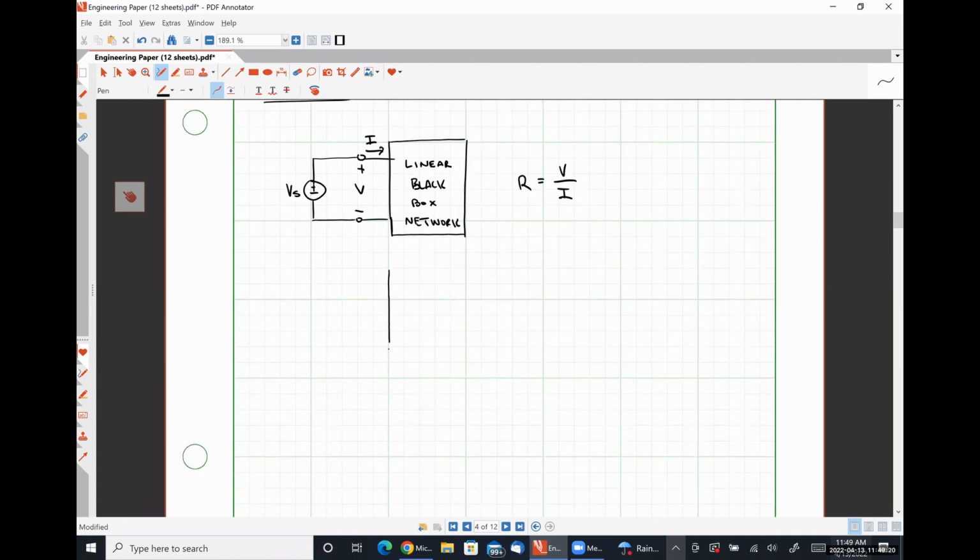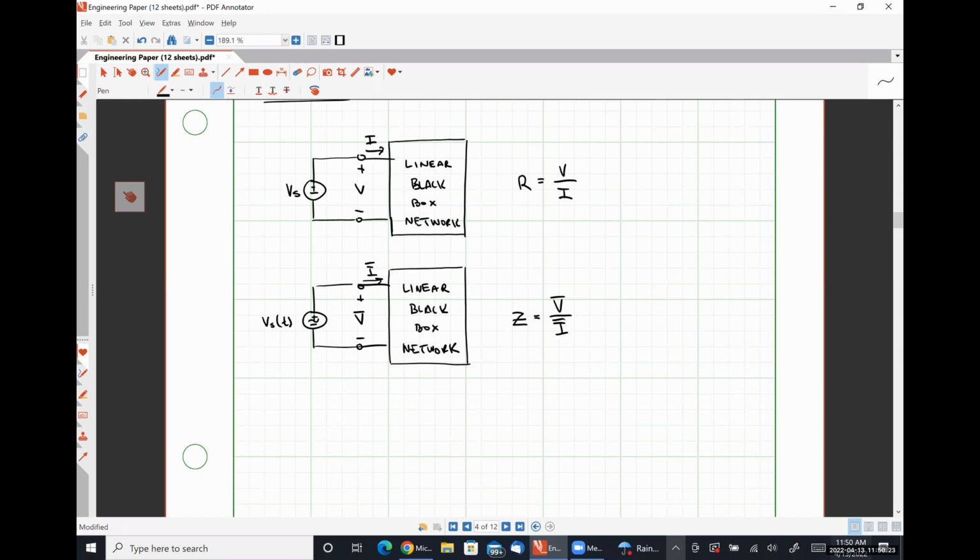So if we take our linear black box network, and we apply some sinusoidal voltage Vs of t, if we measure a phasor voltage across our terminals and measure a phasor current flowing into our material, we can define the impedance Z to be simply the ratio of the phasor voltage divided by the phasor current.